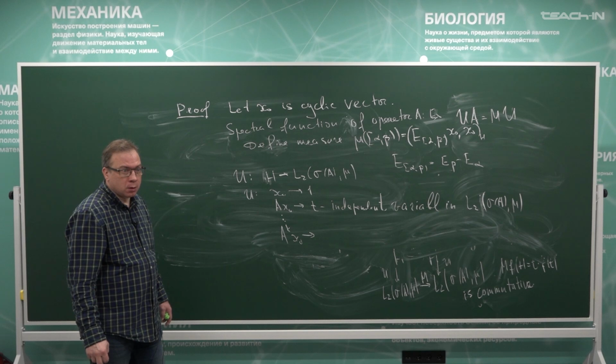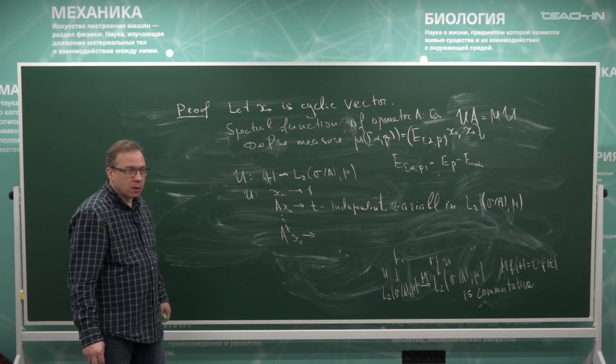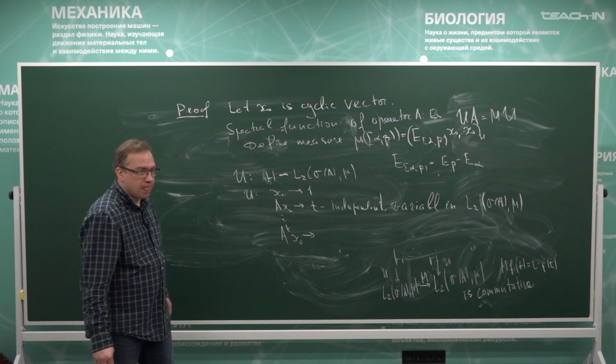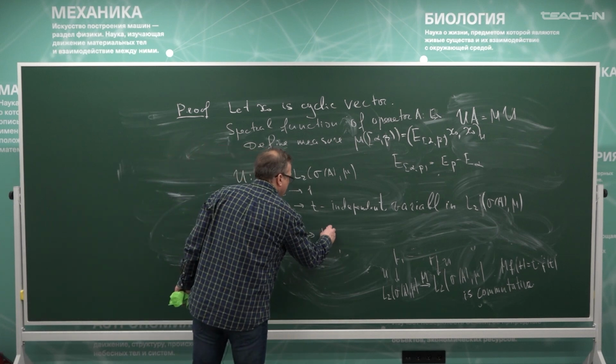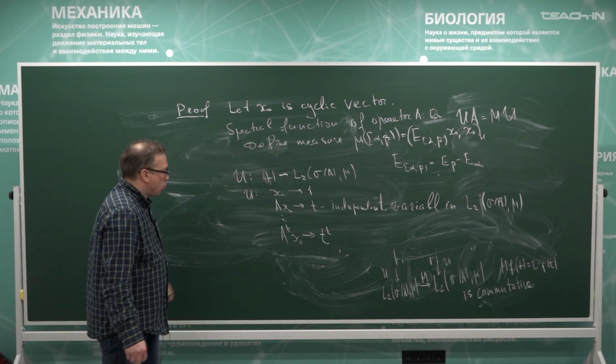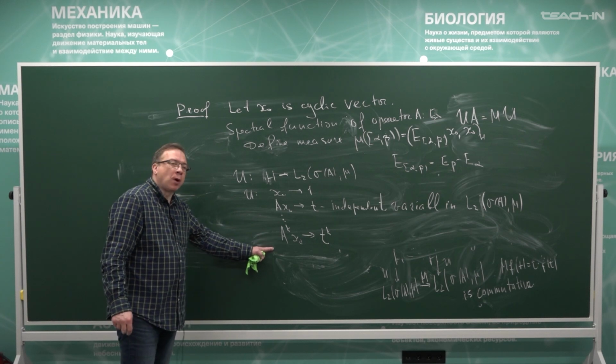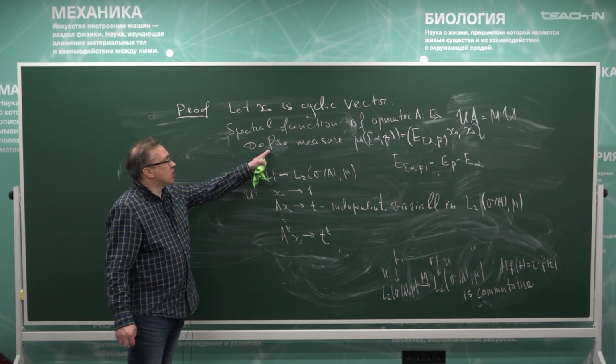What happens with any power, if it is an isomorphism? It goes to t^k. What can we say about the linear span of all powers? It is dense in H by the definition of cyclic vector.